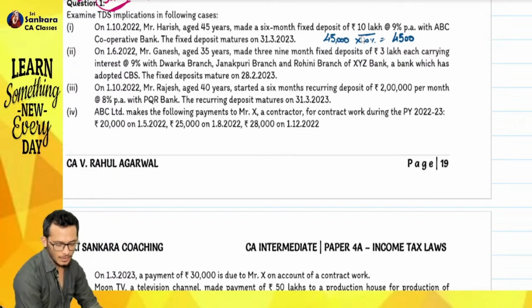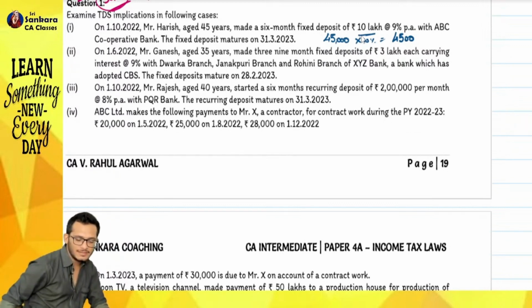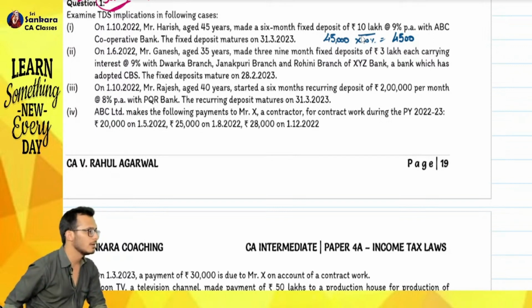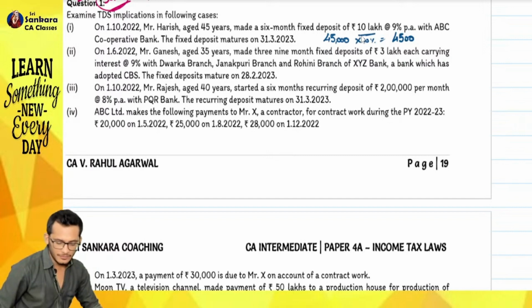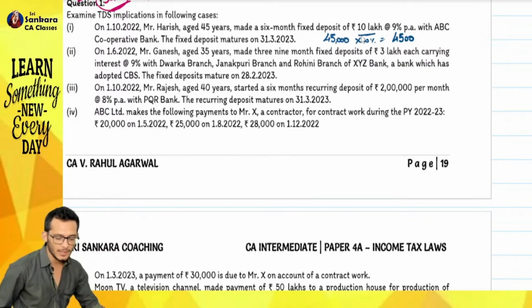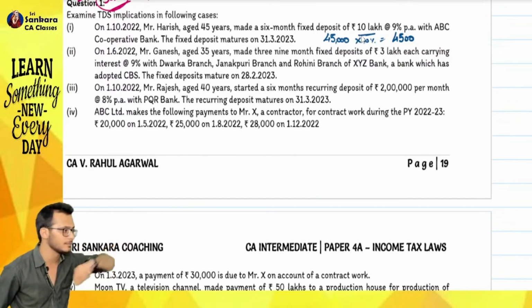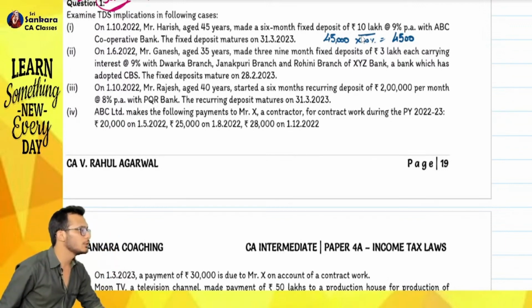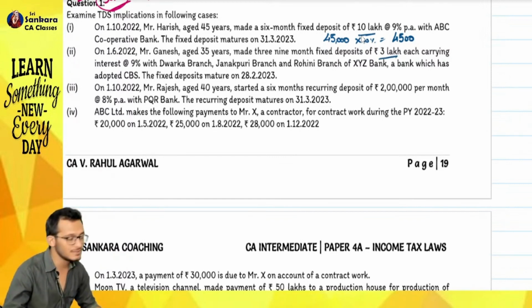Yes. Next one. On 1st June 2022, Ganesh, age 35 years, made 3 nine-month fixed deposits of 3 lakhs each, carrying 9% interest, with Dwarka branch, Janakpuri branch and Rohini branch of a bank which has adopted CBS. Should you merge or not merge? Merge. Merge together 3 lakhs each deposit.